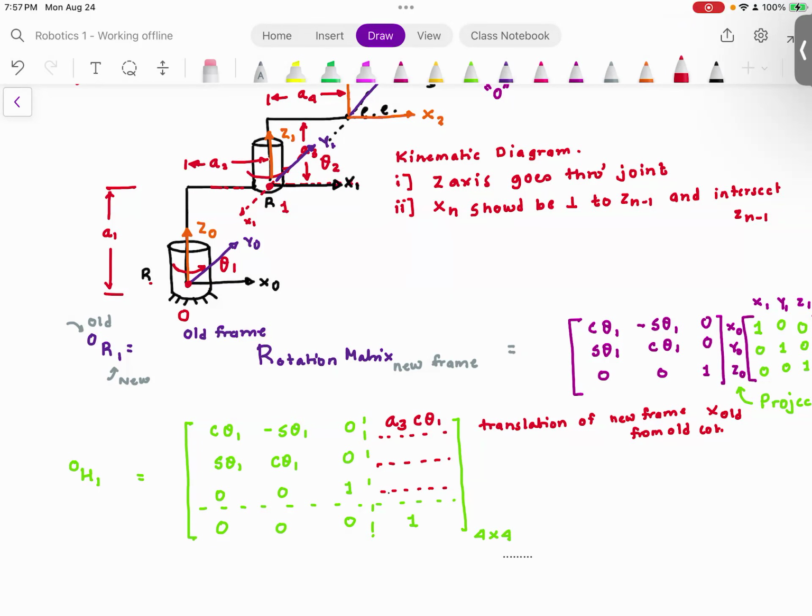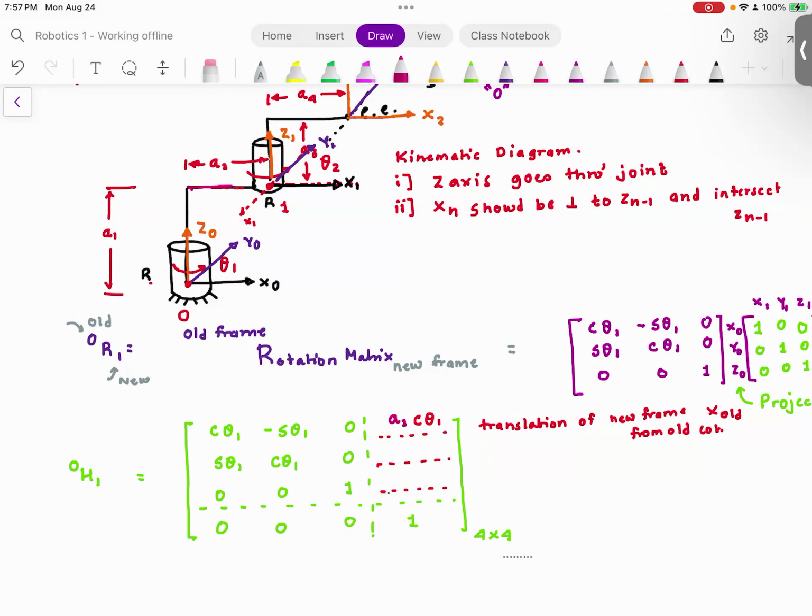Do you agree with me? So this is going to be A3. Sorry, this is A2. My bad. A2 is this. This distance is A2. So A2 cosine theta 1.